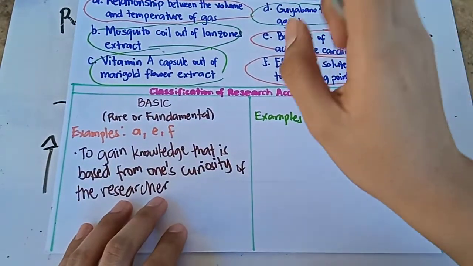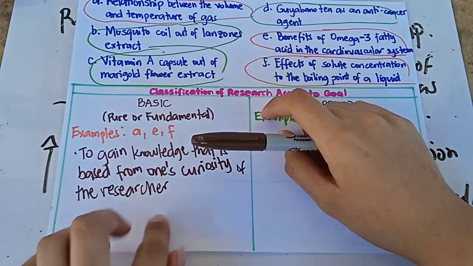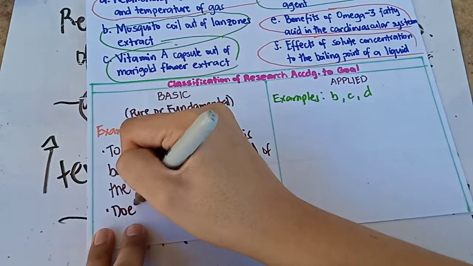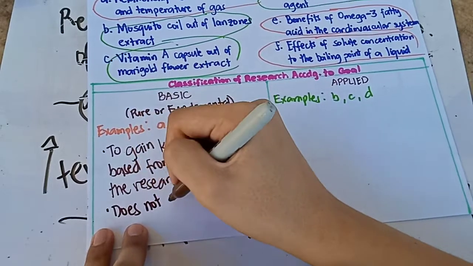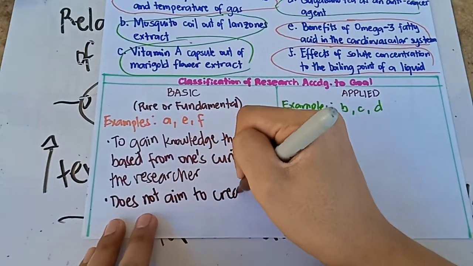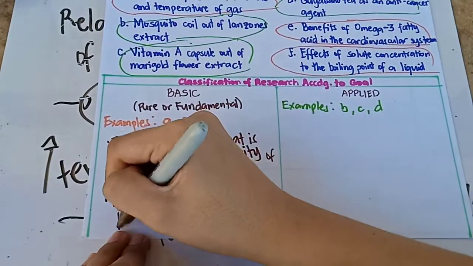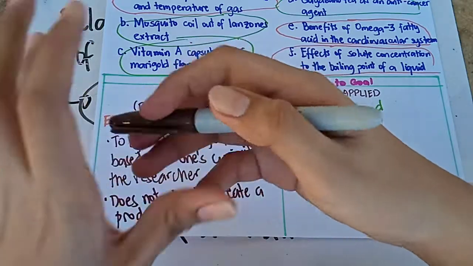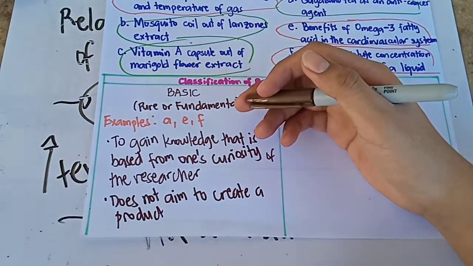So we can say that basic research does not aim to create a product.